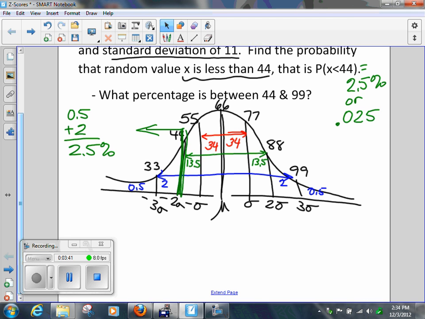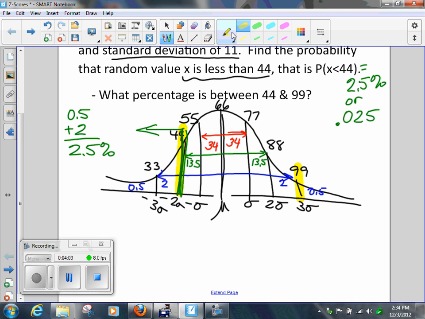Now, if you look at the next part, it says what percentage is between 44 and 99. So now I'm looking at the portion of that curve that is between 44 and 99. And that's from here to here and here to here.